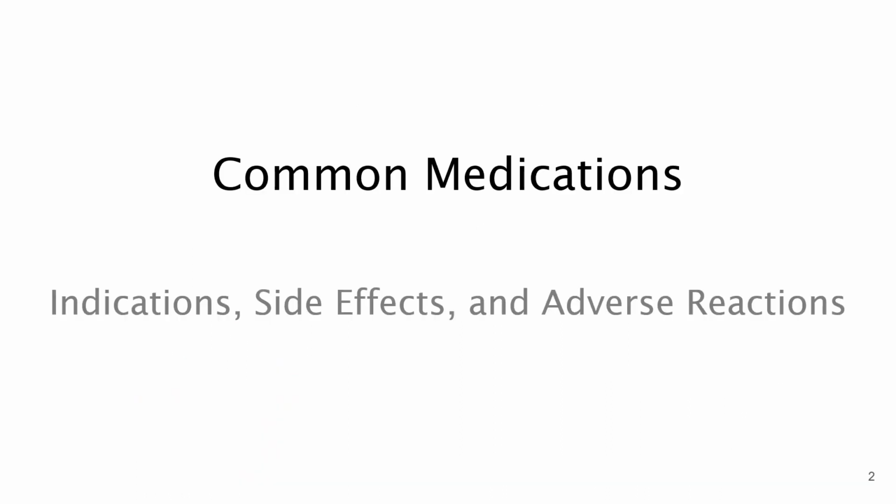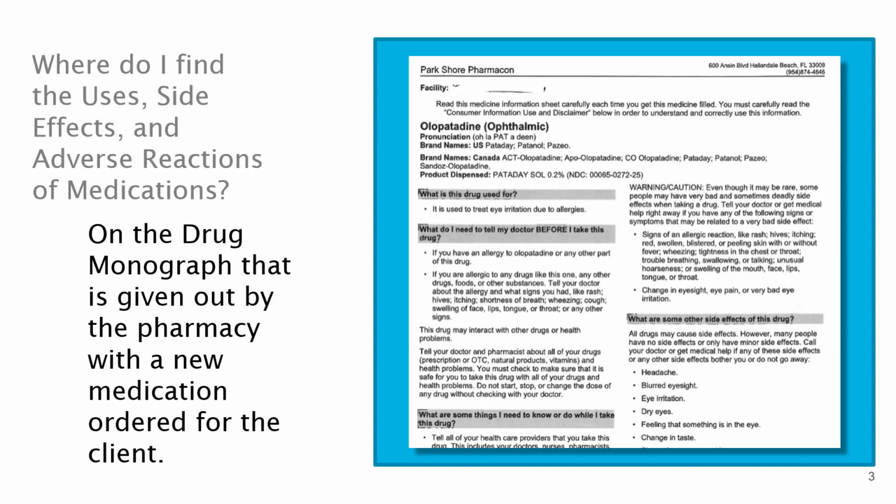So, in this section, we will talk about common medications, indications, side effects, and adverse reactions. You will often get a drug information pack when you go to the pharmacy, CVS, Walmart, Publix, wherever.